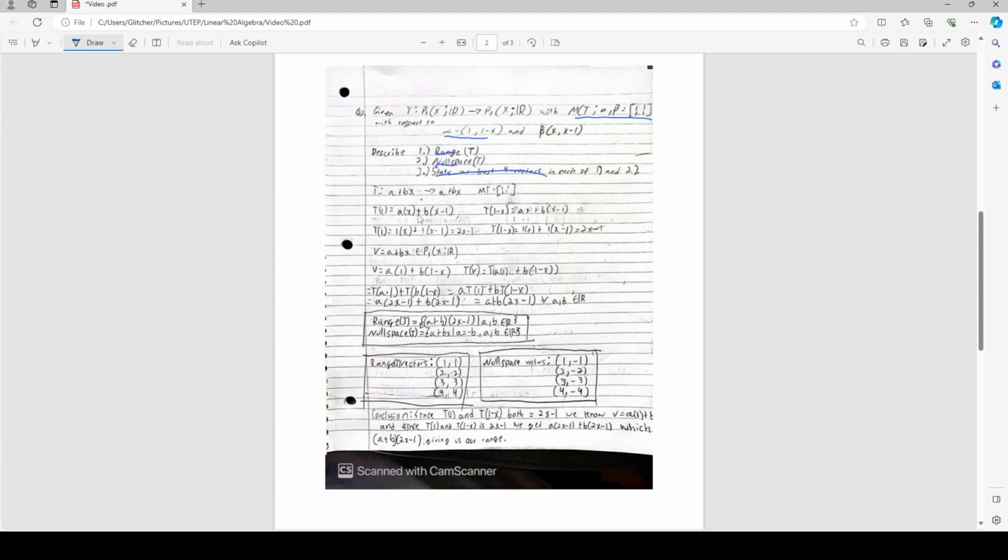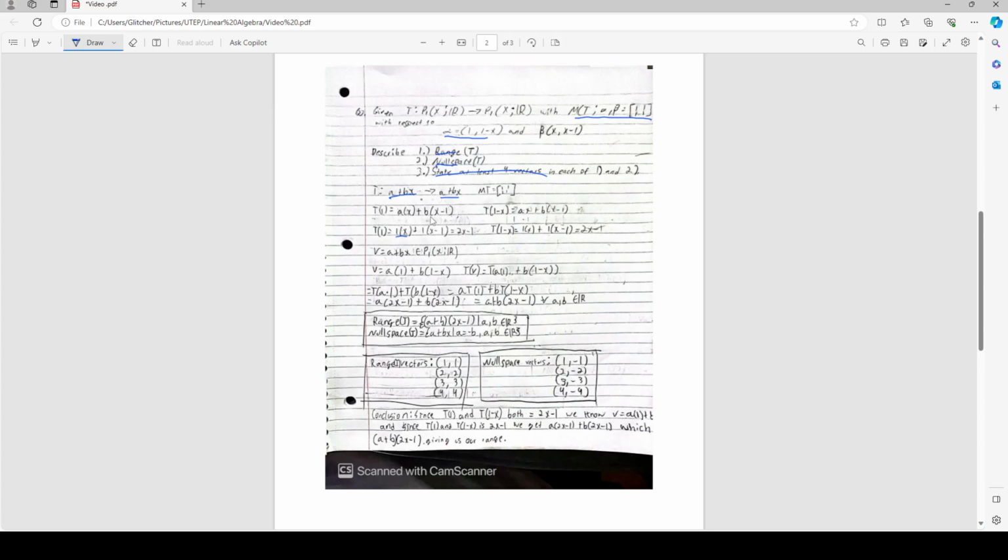So for this one, know that the transformation is from a polynomial in P1, and it goes to the matrix with entries 1, 1 for MT. So the transformation of 1 is a times x plus b times (x minus 1), right? And this was the same thing here.